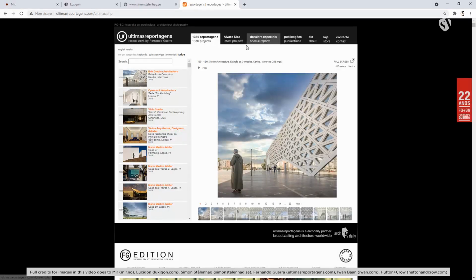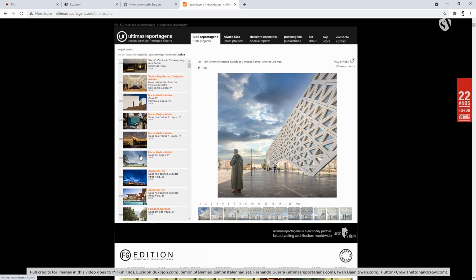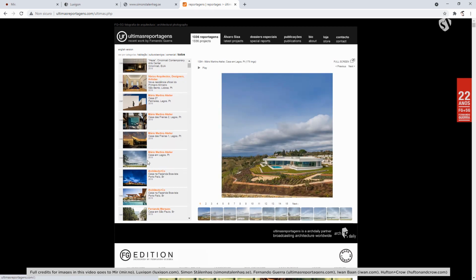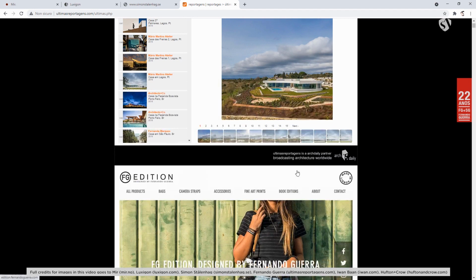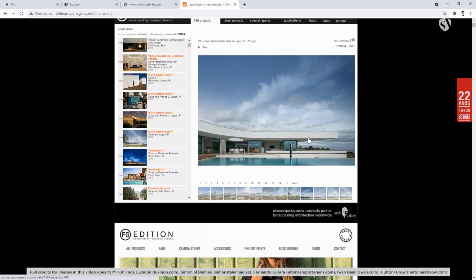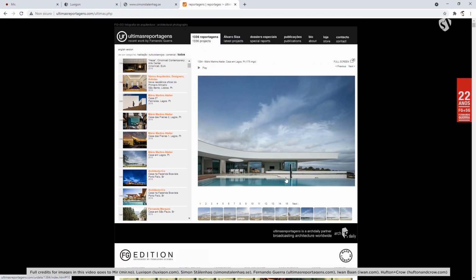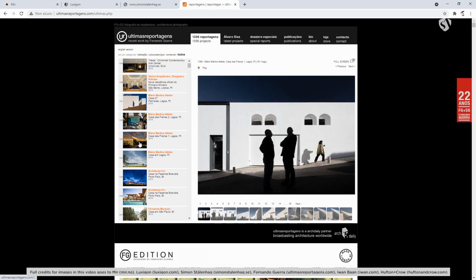And then I picked Fernando Guerra, who is one of the most famous architectural photographers in the world. I picked him because most of the time, when I look at photos from him, they remind me of 3D renders, because those photos are pretty clean and perfectly shot, and everything is sharp.